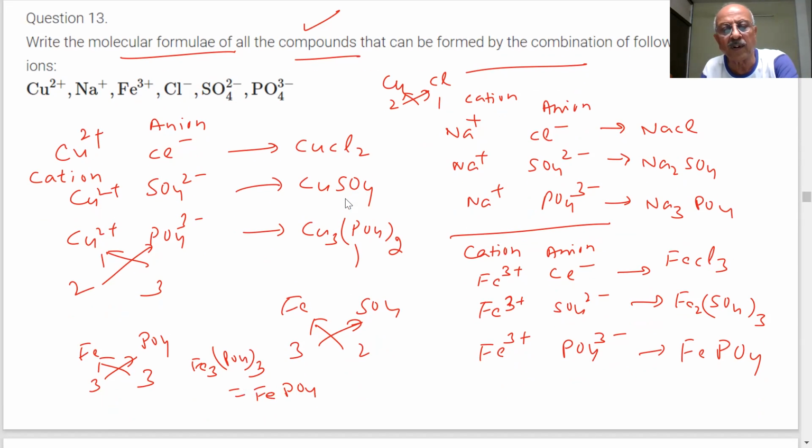This is a very important point, students, that in this chapter what we have been discussing is how we write the formulas of the compound by the tricks which we are using, by using the valencies and atomic mass, molecular mass, mole concept is very important. All the questions which we are doing are based on those valencies.